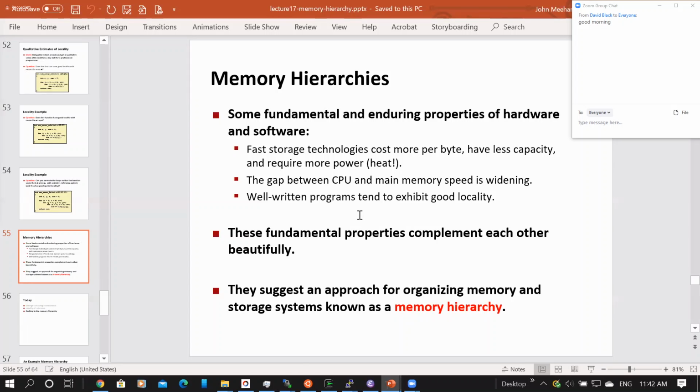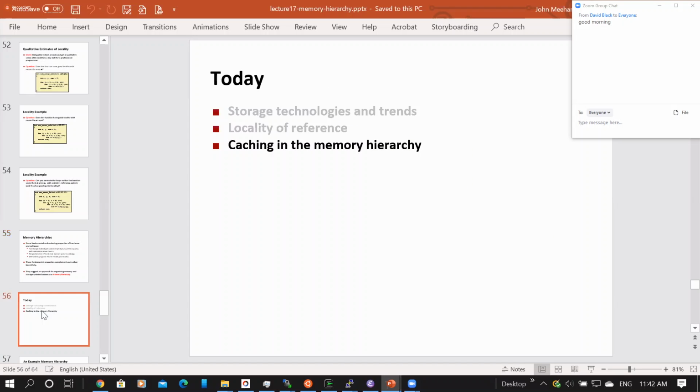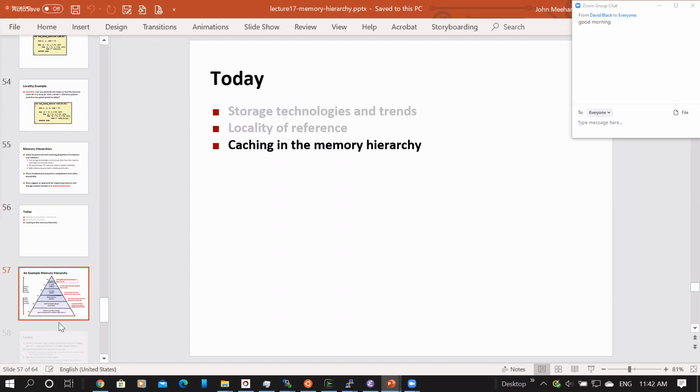Well-written programs tend to exhibit good locality. These fundamental properties complement each other, and they suggest an approach for organizing memory and storage systems known as the memory hierarchy.